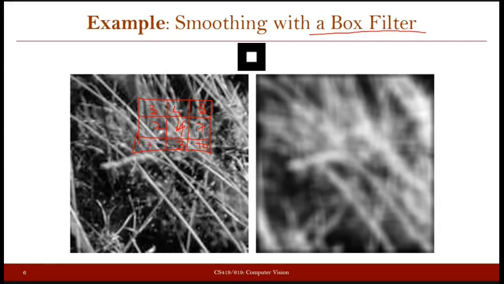Whatever mean you get from these values is going to be more than the small values that you have here. Let's say 1 is a very small value here, 2 is a very small value here. So when you compute the mean, it is going to lie somewhere at the middle of the range that you have considered.